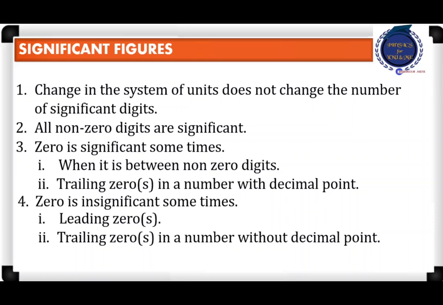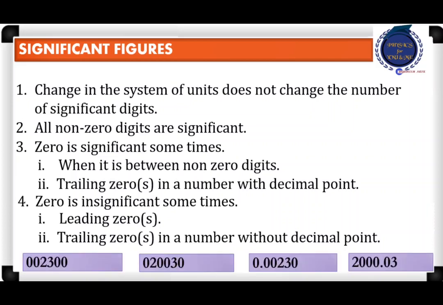Now we are going to understand the above rules with the help of the following example. Look at the 4 numbers which are given, which involve zeros and non-zeros at different positions. In every example, there are 6 digits given. Let us consider how many significant figures there are in each of the numbers.